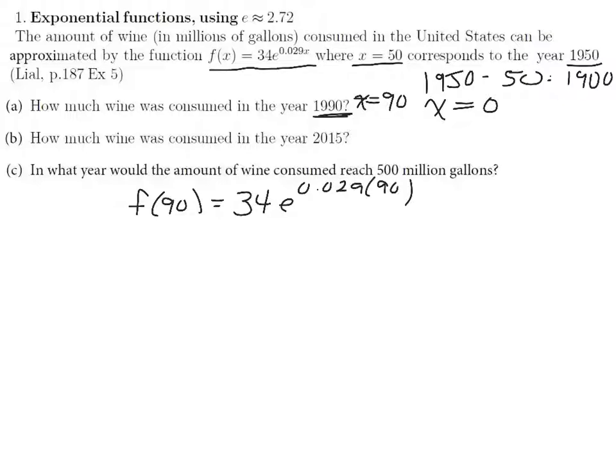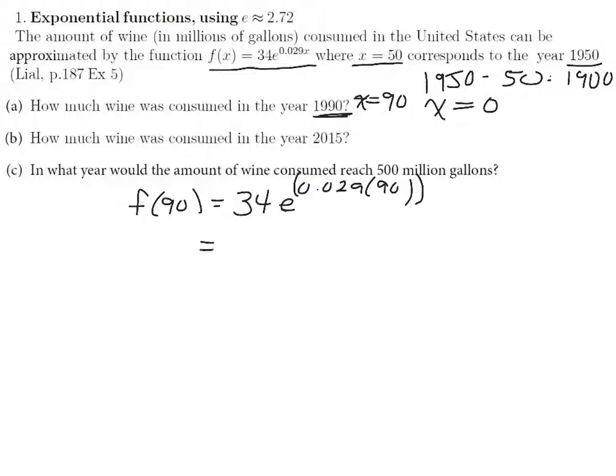Okay, so here you have to be really careful what you're putting into your calculator. Here you're going to want to have brackets around that exponent to make sure that your calculator understands that you are raising e to this product as an exponent rather than just part of it, 0.029.